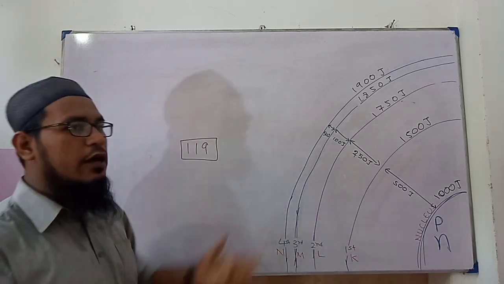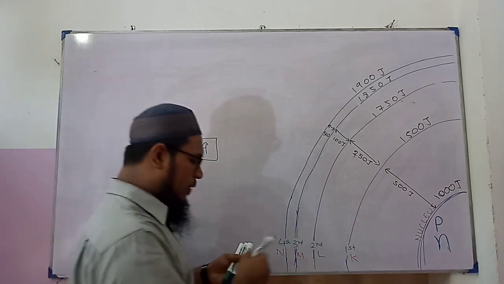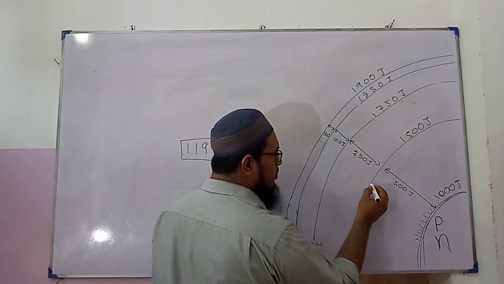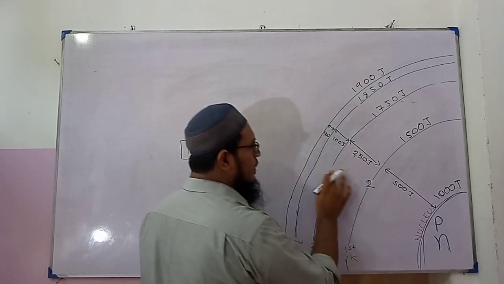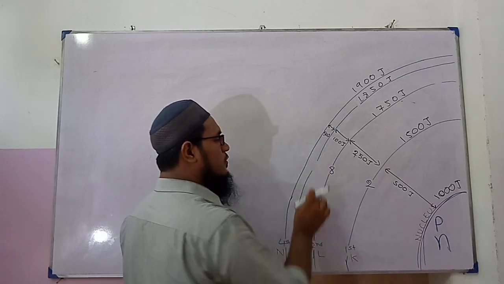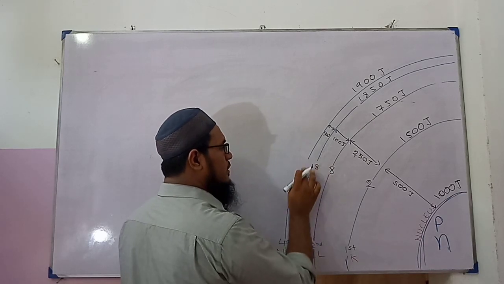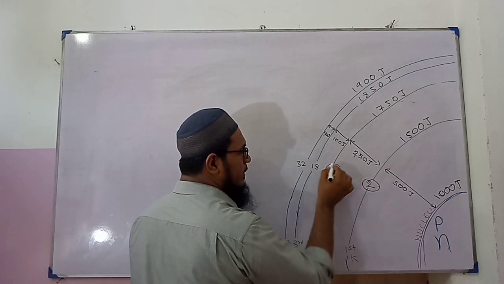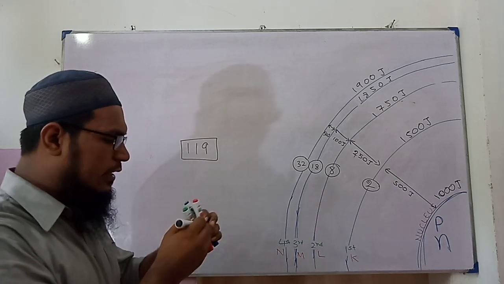When studying all the 119 elements or 120 elements, you will be considering an electronic configuration in that maximum electrons in the first energy level is 2, maximum electrons in the second energy level is 8, maximum electrons in the third energy level is 18, and maximum electrons in the fourth energy level is 32. 2, 8, 18, 32. This is the actual real one.